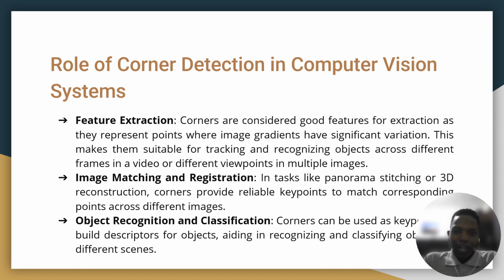In tasks like panorama stitching or 3D reconstruction, corners provide reliable key points to match corresponding points across different images. Then in object recognition and classification, corners can be used as key points to build descriptors for objects, aiding in recognizing and classifying objects in different scenes.